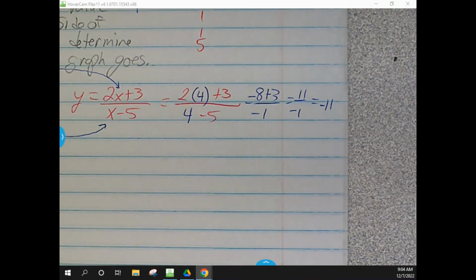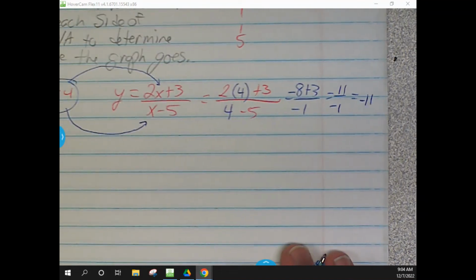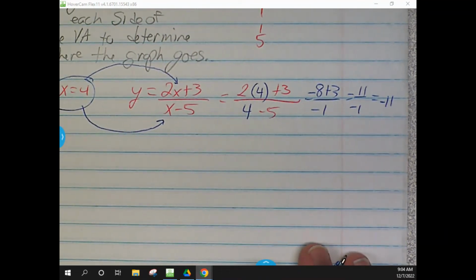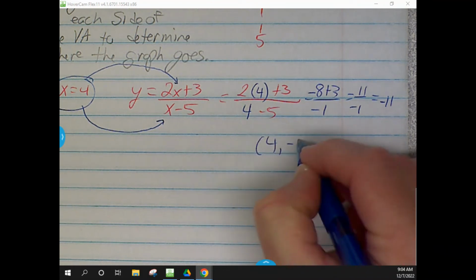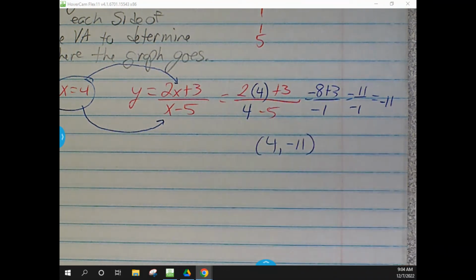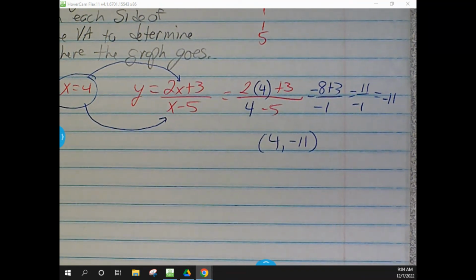So that puts that x value of 4 at a y value of negative 11. So that ordered pair is at 4, negative 11. All you got to do then is basically just plot where that point is.